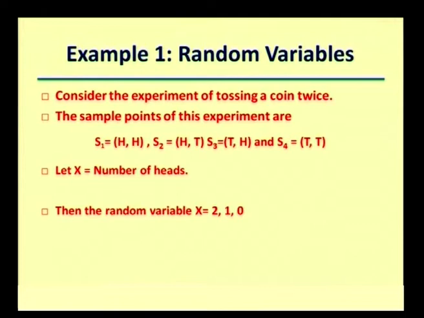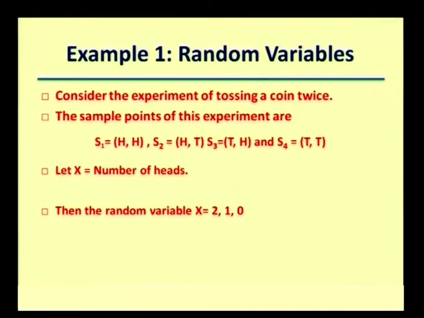You have to define the random variable X for each and every experiment. Let X be the number of heads. So number of heads means possibly with 2 coins you can at most have 2 heads, isn't it? So the random variable takes the possible values as 2, 1, 0. These are the 3 values which a random variable is taking here for this example.